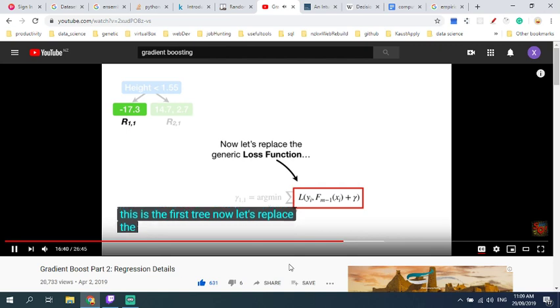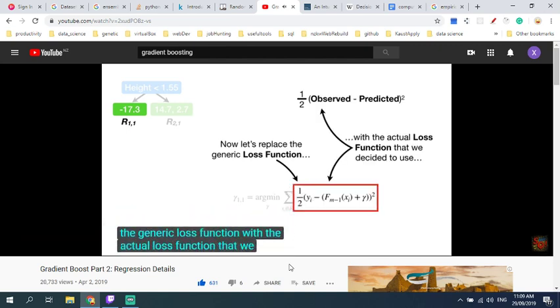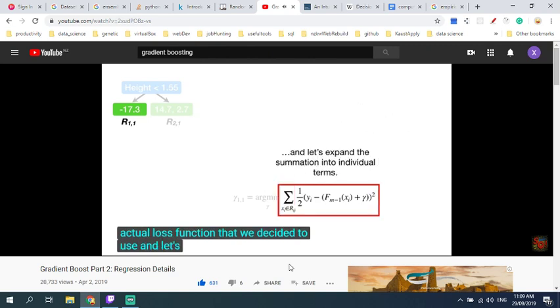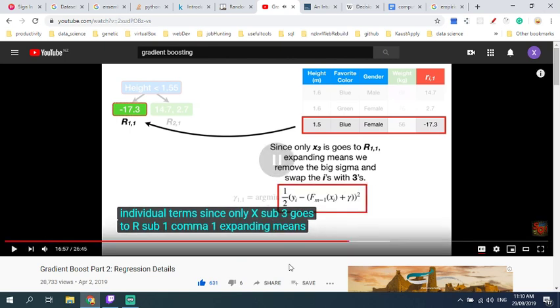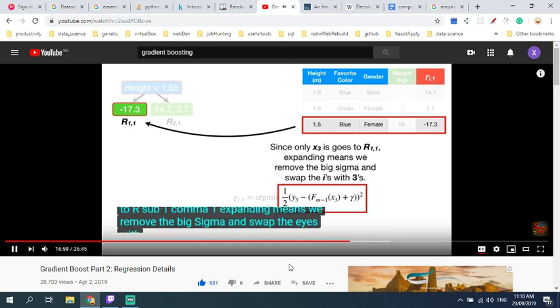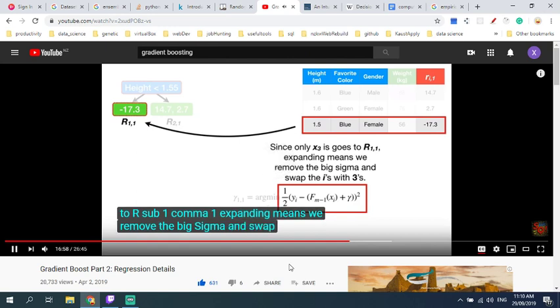Now let's replace the generic loss function with the actual loss function that we decided to use. And let's expand the summation into individual terms. Since only x sub 3 goes to r sub 1,1, expanding means we remove the big sigma and swap the i's with 3's.